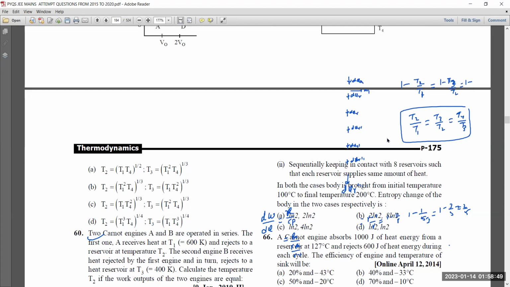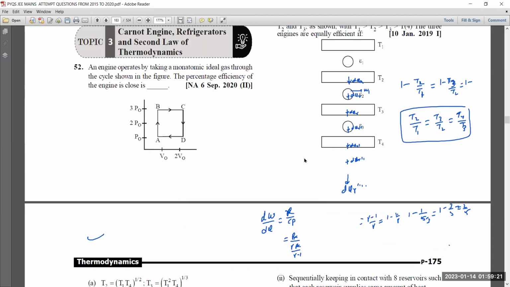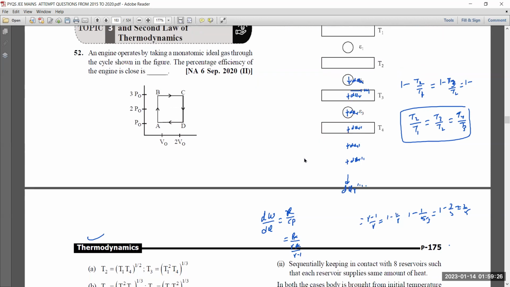Yeah, of course you can derive the relation. T2 square is T1 T3. The first two will give you that, right? And T3 square is T2 T4. I think the option, how they have written it, T3 they have written 1, 4, T3 is actually 2, 4. Then we can put 2 by 1, 3 by 2, 4 by 3.